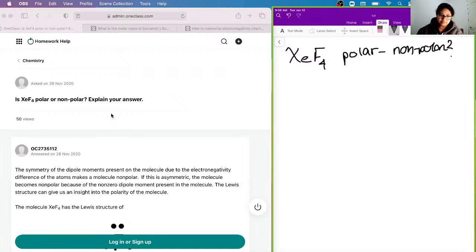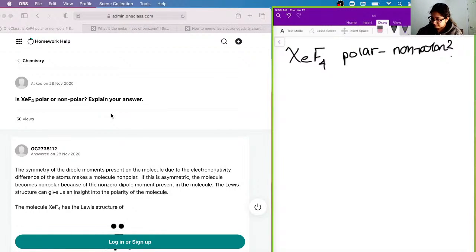If it's symmetric, then the molecule will be non-polar, and if it's asymmetric, the molecule will become polar.